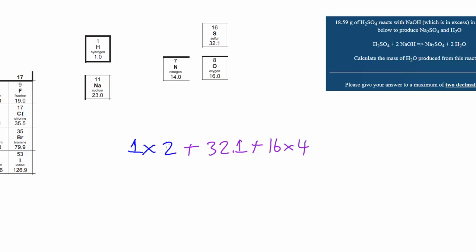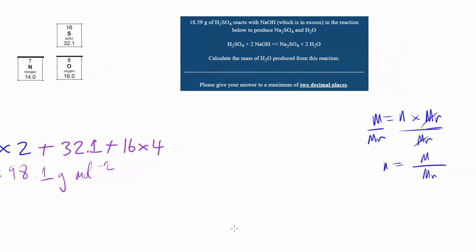If you work that out, you should find that you get 98.1, and that's in grams per mole. So that's the Mr of H₂SO₄.